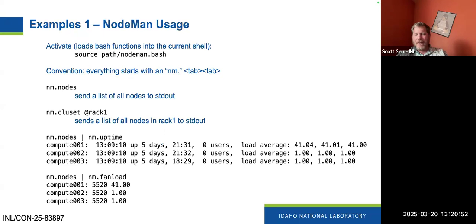Maybe not. So we did notice that we were having some thermal paste issues. And one of the things that we can do is look at dmesg for thermal throttling.